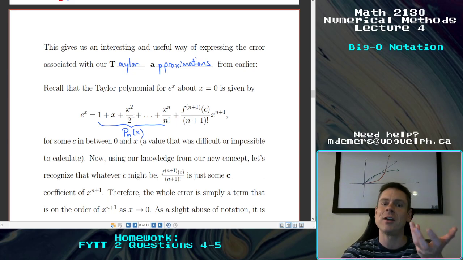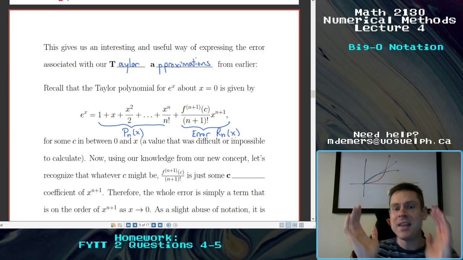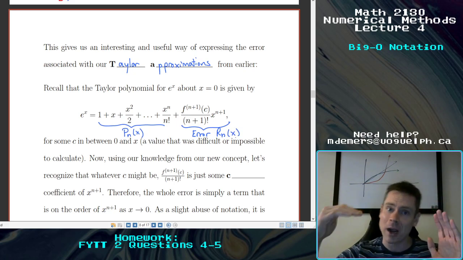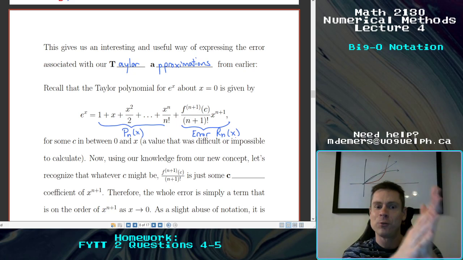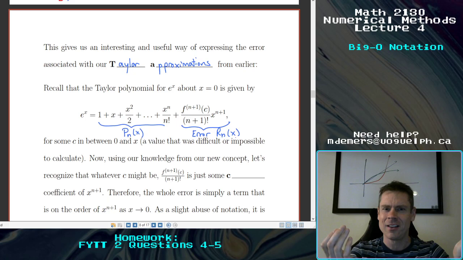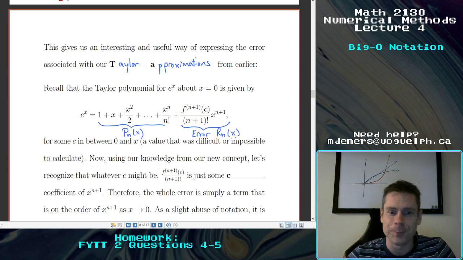It's our nth degree Taylor approximation, and this is the associated error, which we called Rn of x. And it was a piece that depended on one derivative up, evaluated at some c that was between the center point and the x, and that's just what it was. A little bit gross to write down.